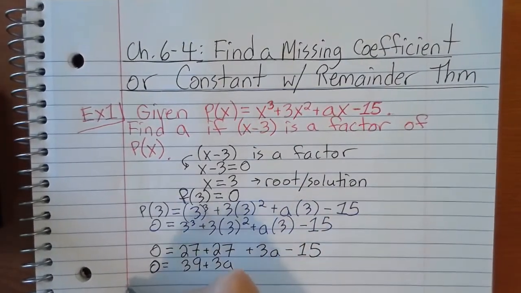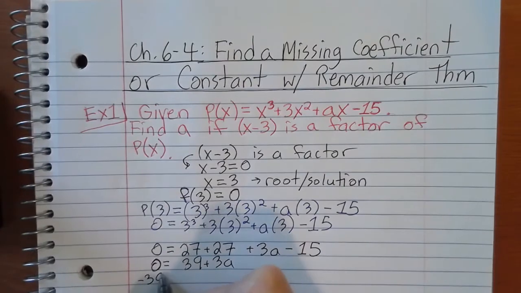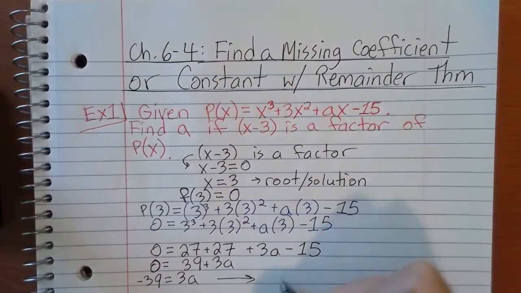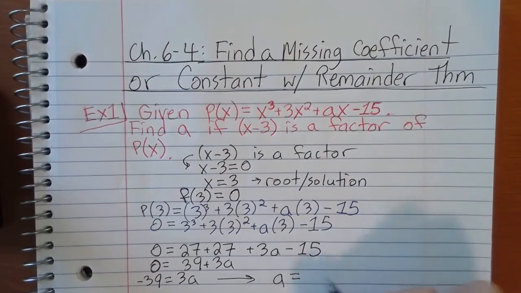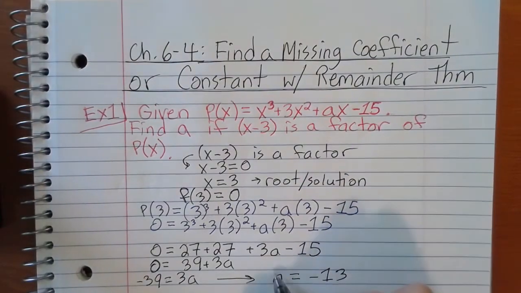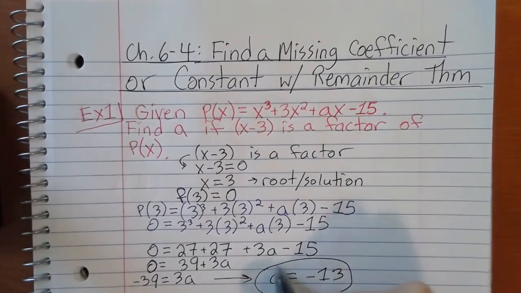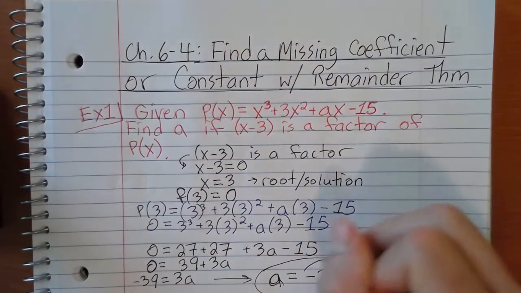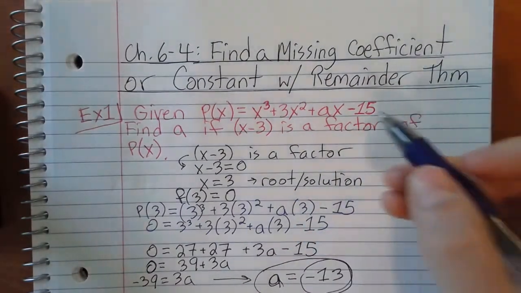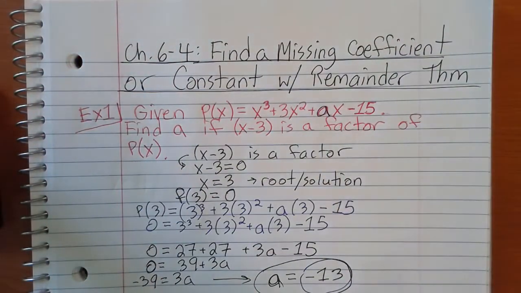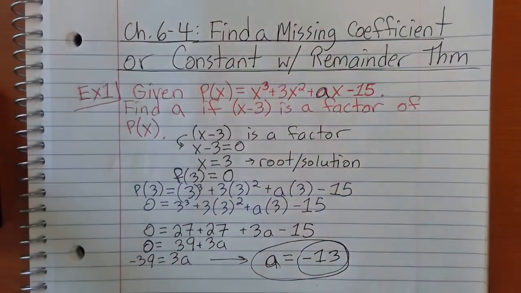We know negative 39 is equal to 3a, and we know that a is equal to negative 13. And that is the missing coefficient from our original polynomial. We can then circle this and back up the top. That is a that we are missing at the beginning.